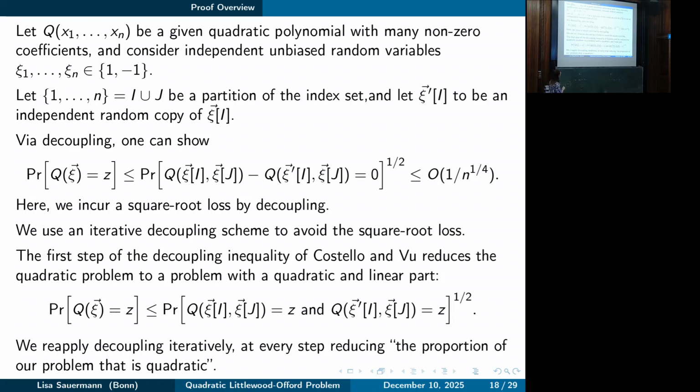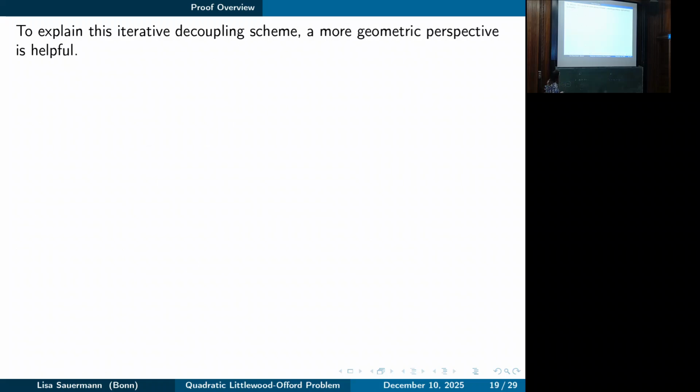So this way we interpret this as a problem with a quadratic and a linear part, and then we want to iterate this idea, at every step reducing the proportion of the problem that is quadratic, to get a more and more linear problem, to in the end get the tight bound.